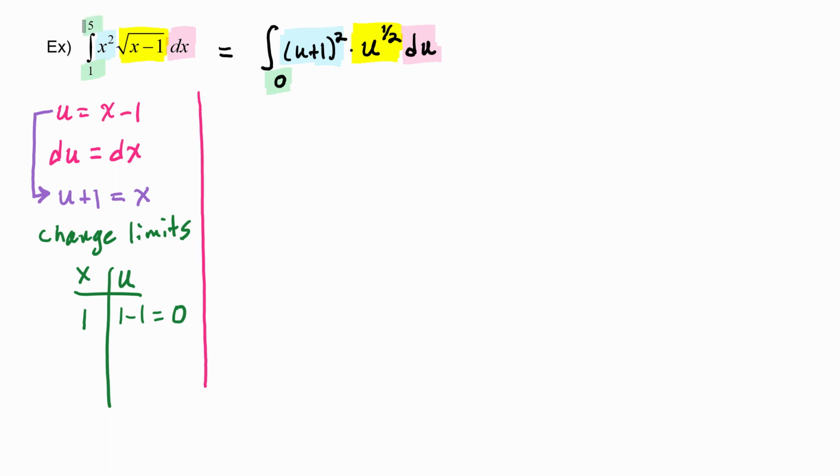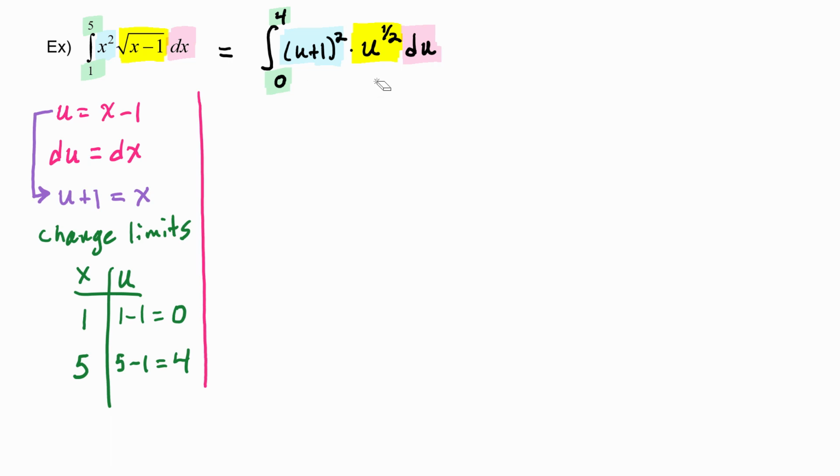Next, we have to change x equals 5, and substituting x equals 5 into the equation, we have 5 minus 1 is equal to 4. So we know that the upper limit for the u integral is going to be 4. So now everything from the original integral has been converted over to the u variable.